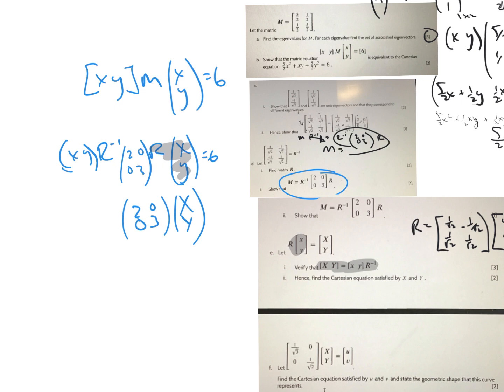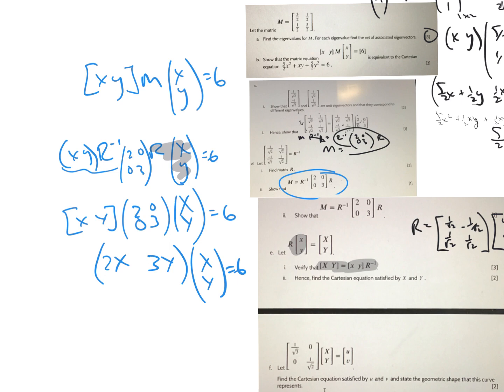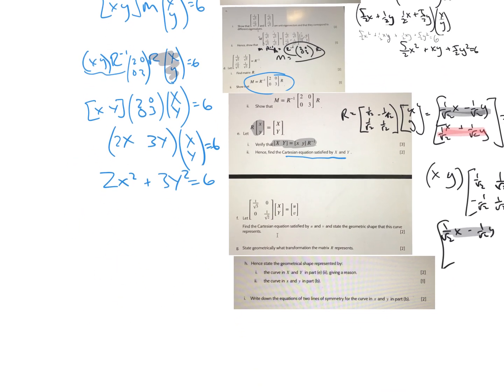So I know that this is big XY is equal to 6. And so now if I multiply these, I get 2x, 3y times xy is equal to 6, or 2x squared plus 3y squared is equal to 6. And these are big x's and y's. So I've found the Cartesian equation satisfied by that.